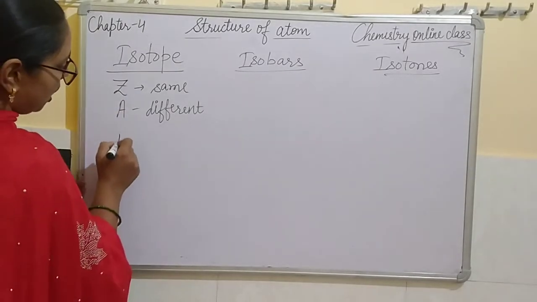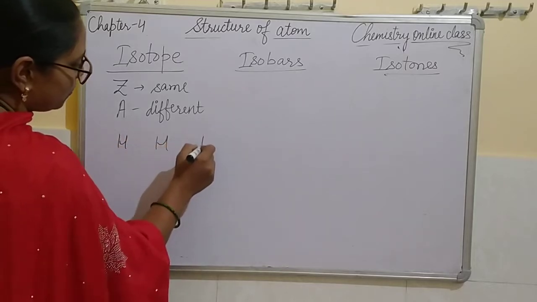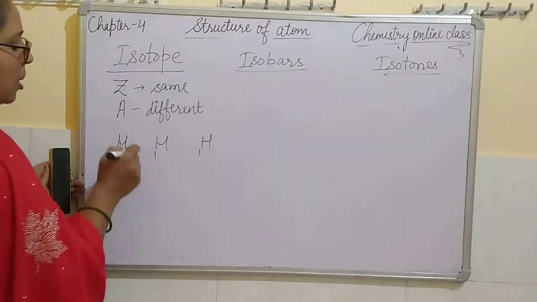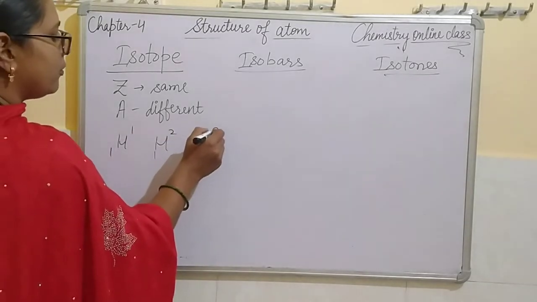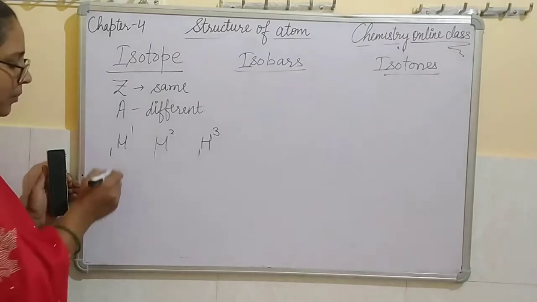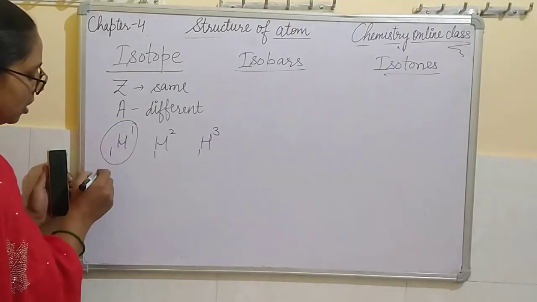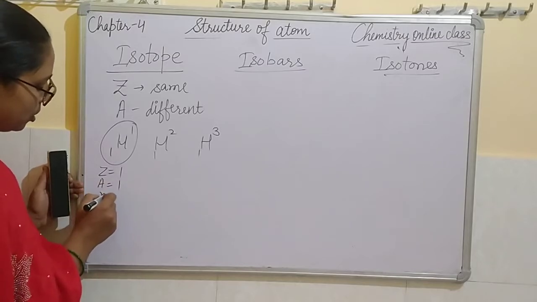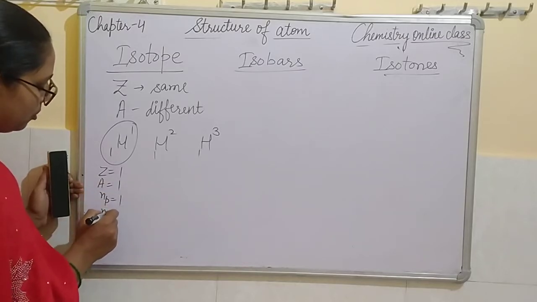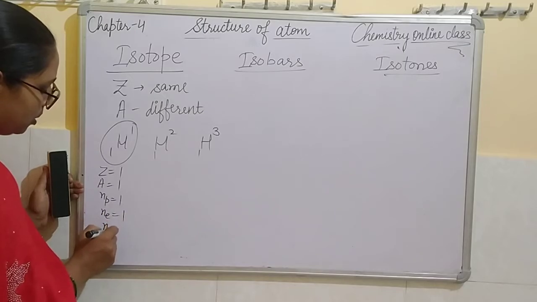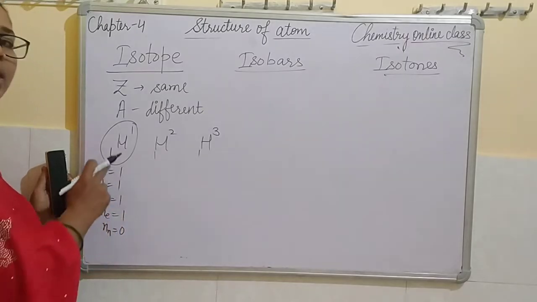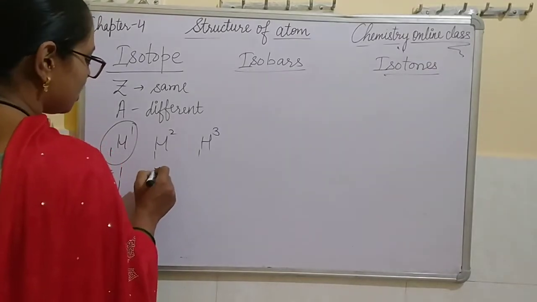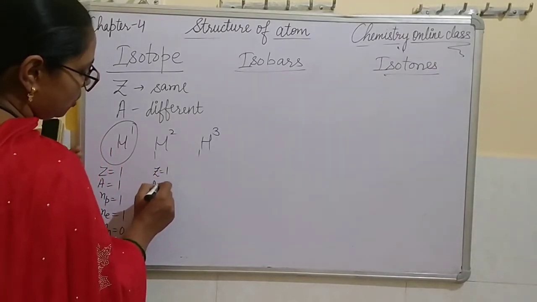For example, hydrogen has 3 isotopes. It has 1 as its atomic number, but the mass number is different in every case. Here Z is 1, A is 1. That means number of protons 1, number of electrons 1, but number of neutrons is 0. There is no neutron. In this one Z is 1, A is 2.